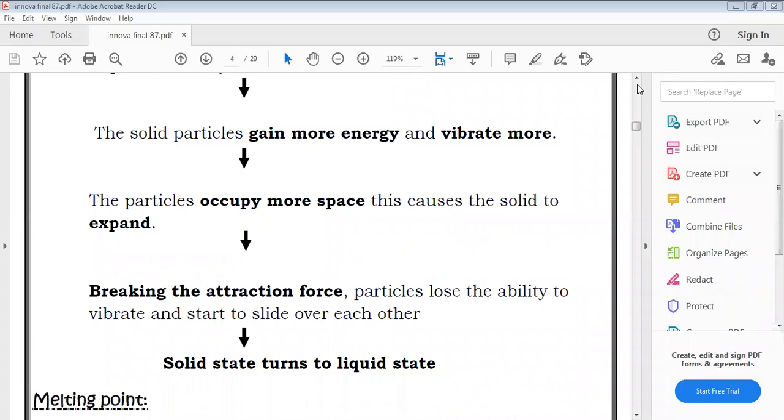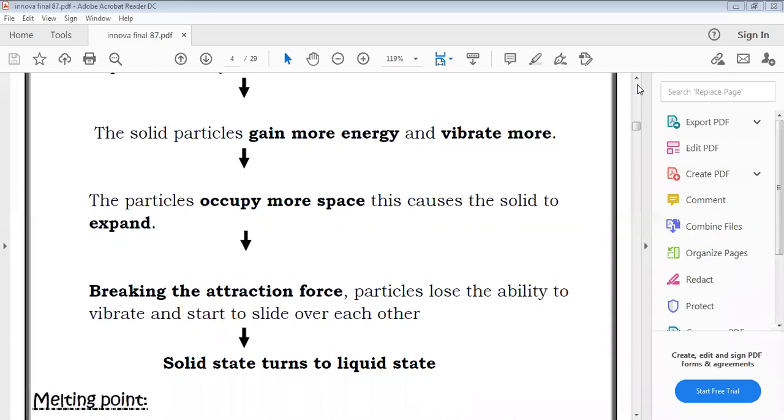Or move more. But they found there is a strong attraction force between them. What will they do? They will say, no problem with the force between them, they are going to break it to move freely, or move more. So you are going to break this attraction force. Once they break the attraction force, there are going to be spaces between them.